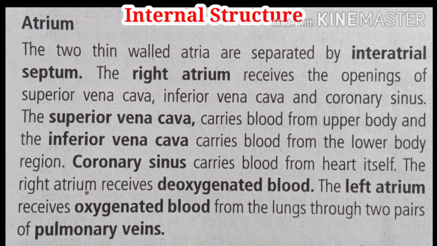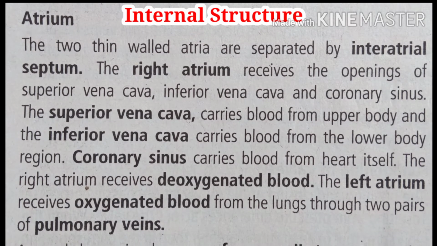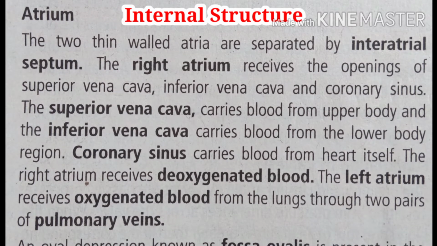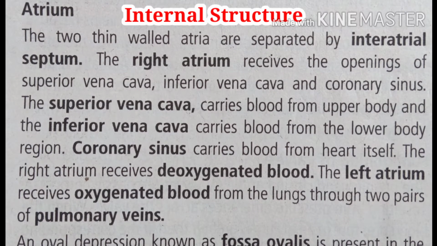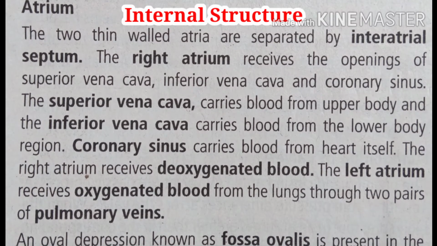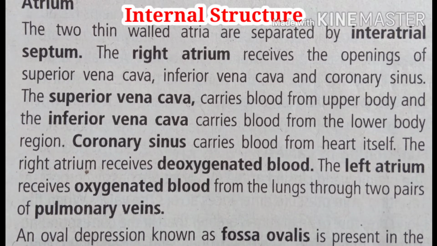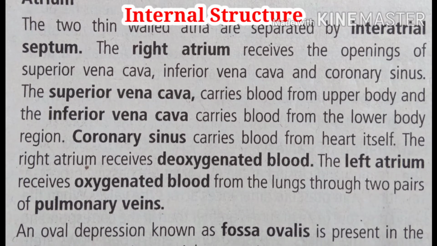Now let's talk about the internal structure of heart. First, the atria. The two thin-walled atria are separated by interatrial septum. The right atrium receives the opening of superior vena cava, inferior vena cava and coronary sinus.